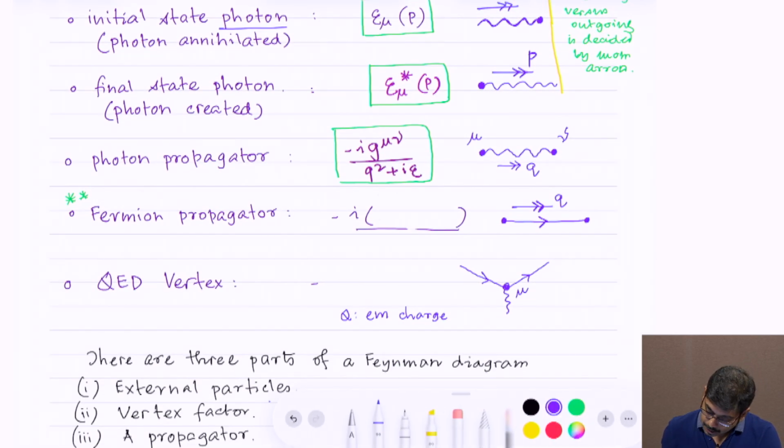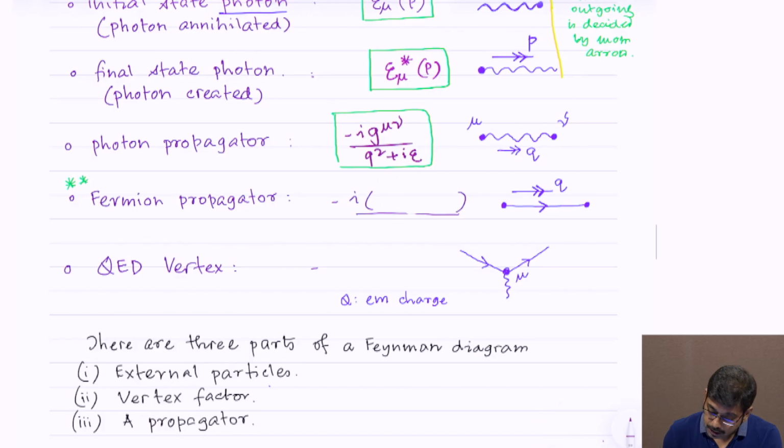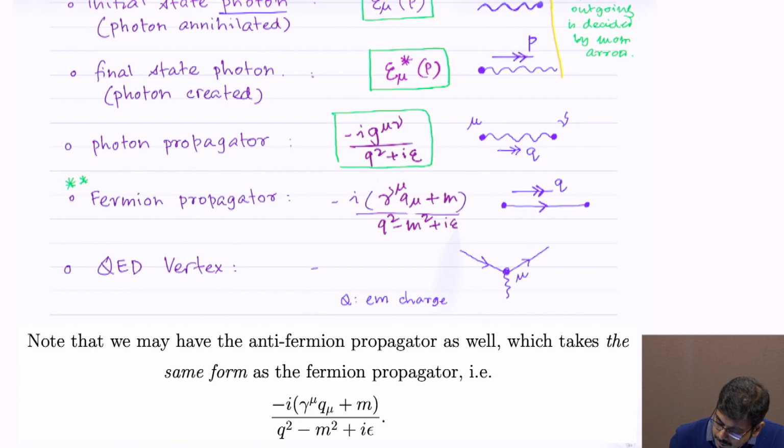So, what is the expression for the fermion propagator? This is also something that we talked about. This is i times gamma mu q mu, or q slash plus m, by q square minus m square plus i epsilon. Very good.